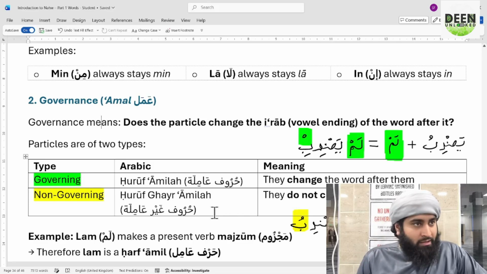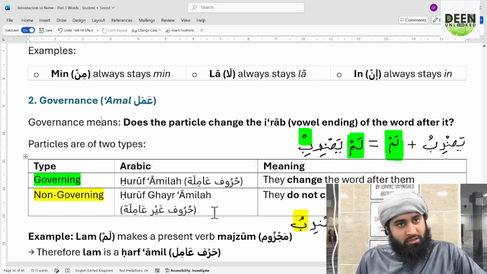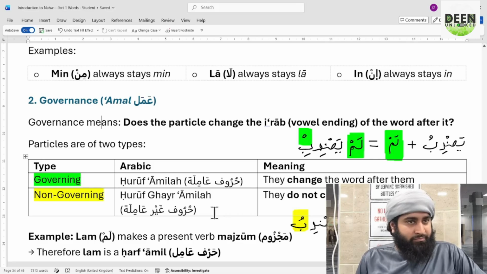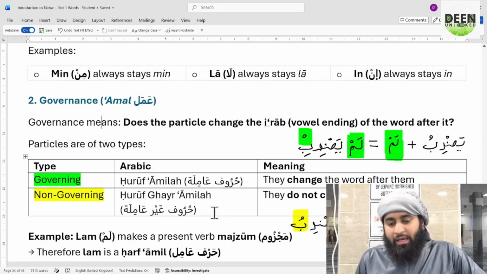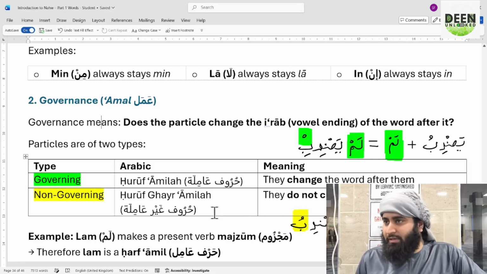Ma daraba, he did not hit. What's only changed? The meaning. But then you have certain other particles, like lam. So lam comes in, what does it do? Yadribu becomes yadrib. Lam yadrib. That's what it becomes. And the meaning, has it changed? He did not hit in the past tense.